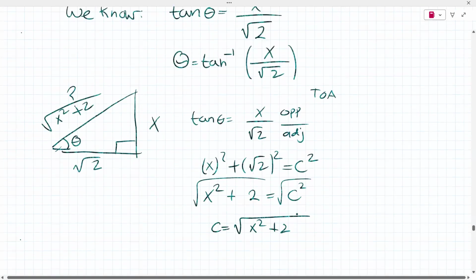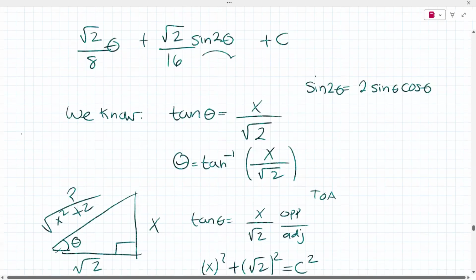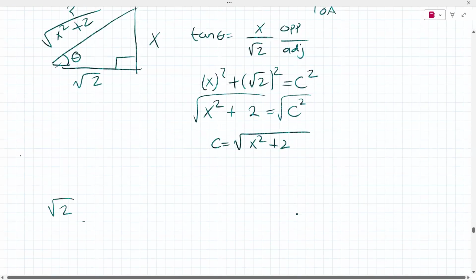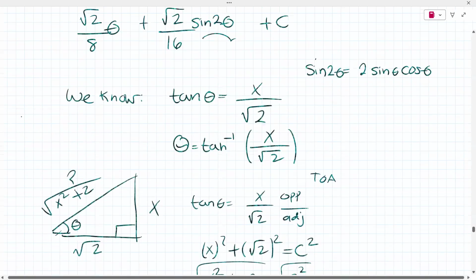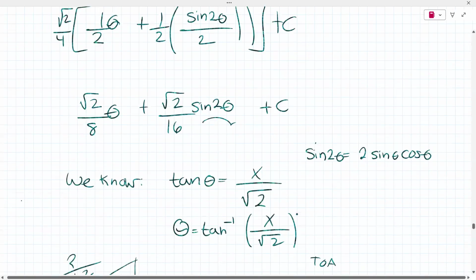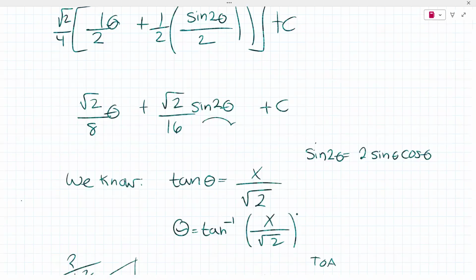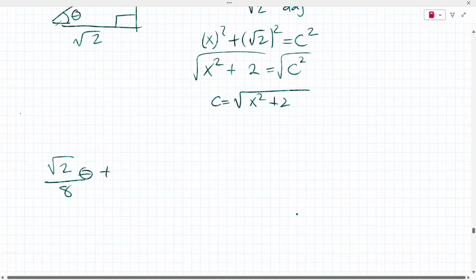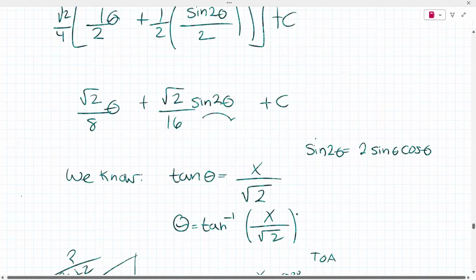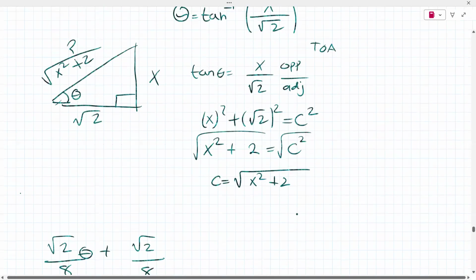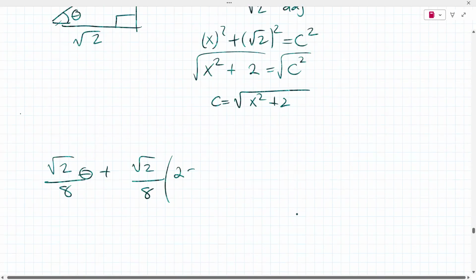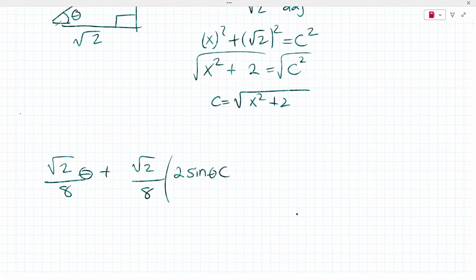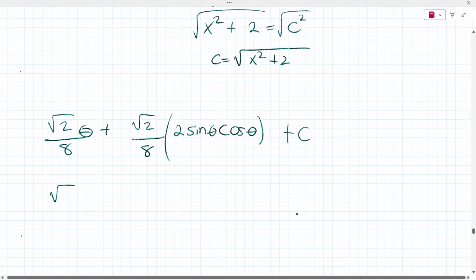So then we have our theta, and then we need to find sine theta, because that's part of our problem. So let me write it out. We have radical 2 over 8 theta plus radical 2 over 8, and then we had a 2 sine 2 theta, which is 2 sine theta times cosine theta.